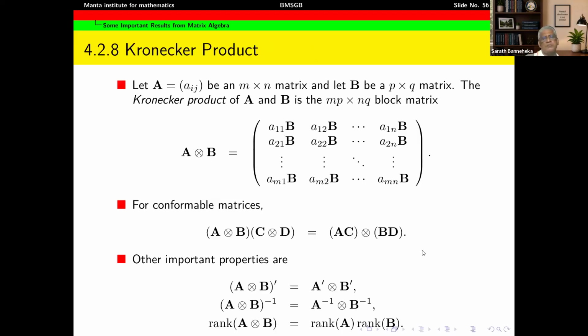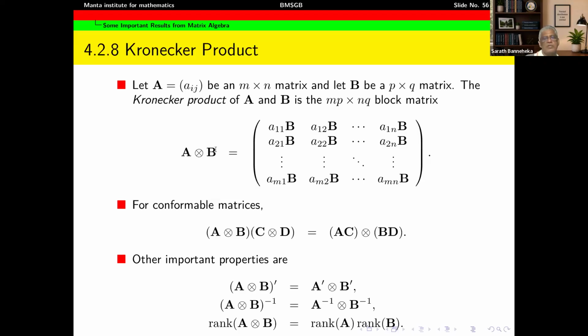And then something new, called Kronecker product. We are not going to use this one very much in this course, but I just include that for the completeness of the note here or the video. There is a different type of product of two matrices, right? It's called Kronecker product.